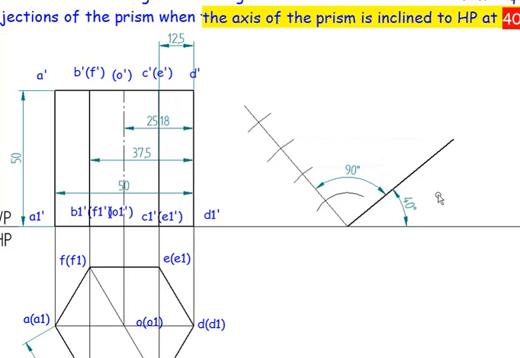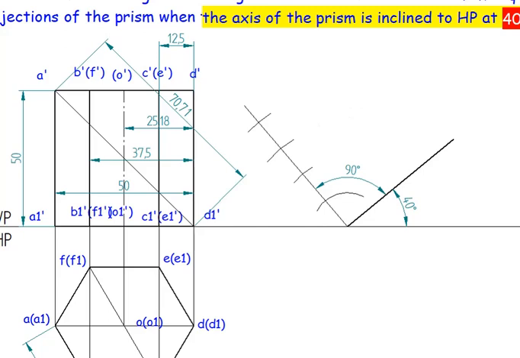Now we are going to draw parallel lines, or else we are going to take the distance. I'm going to consider from this point to this point. So from here I'll take the dimension, which is 70.71.